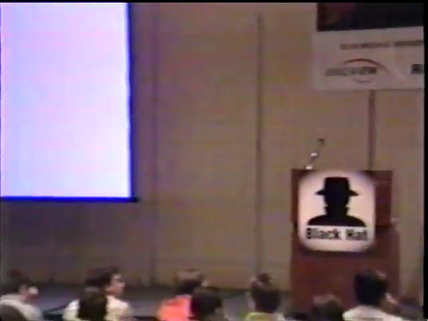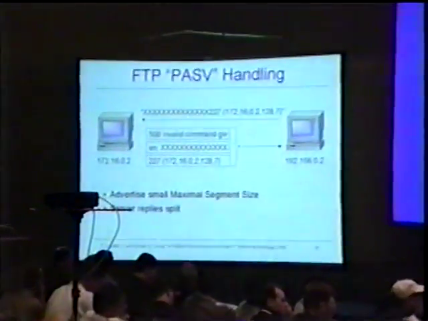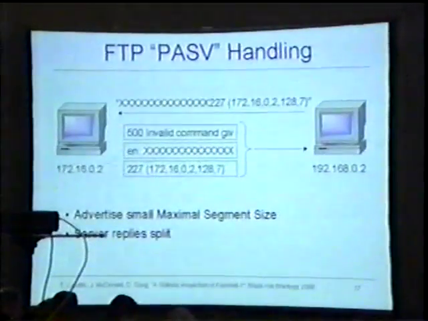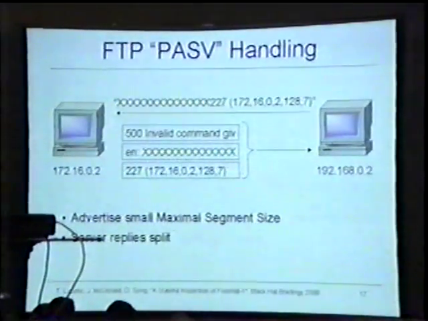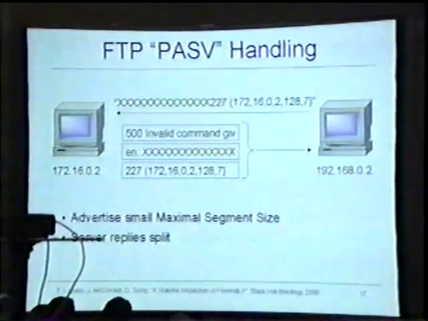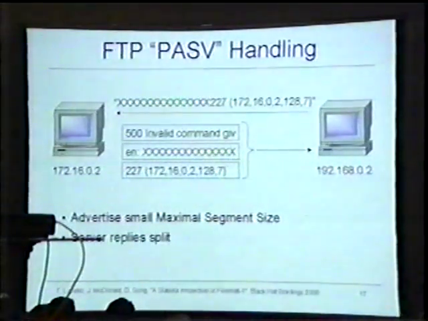The next exploit, in the FTP proxy that we're exploiting, is a well-known one. It was discussed at length on Bugtraq, and it has to do with the way that the firewall verifies the PASV command, as well as the PORT command.